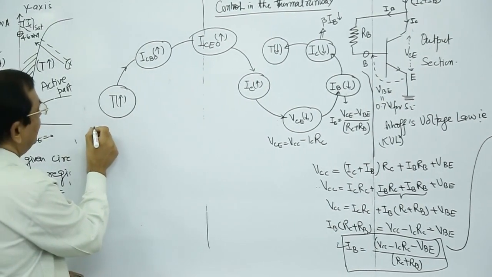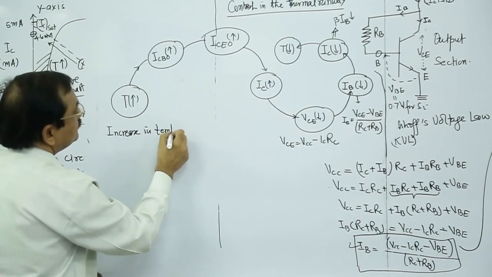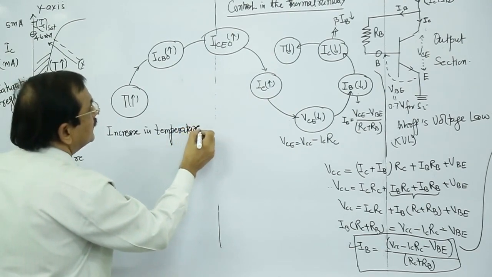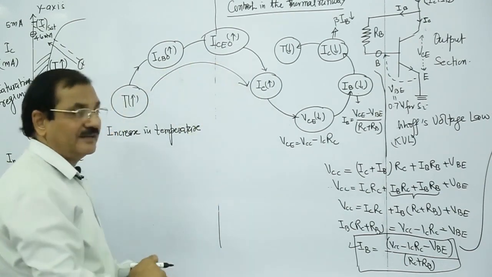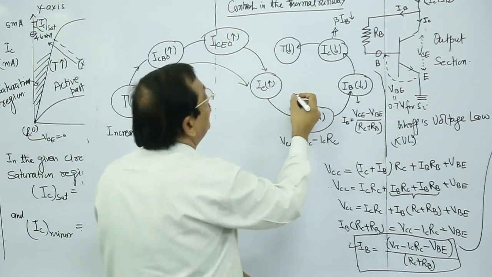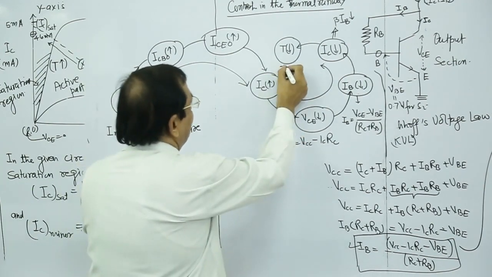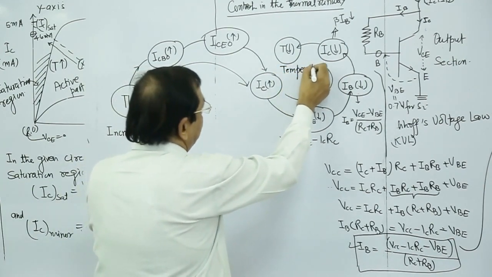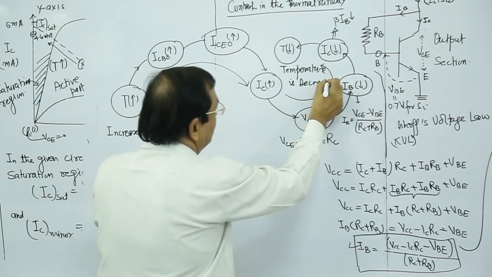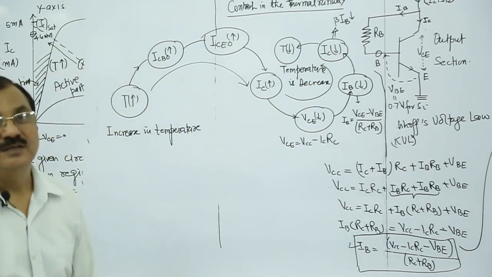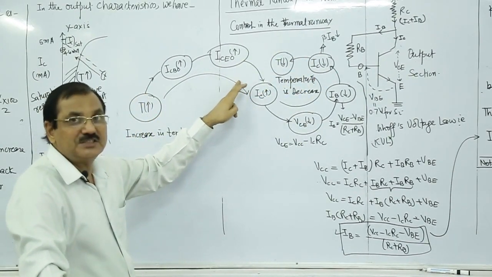We are starting here, that is increase in temperature, and we are moving through the same circuit, and by using this particular circuit, the cycle will reverse. The temperature will decrease.